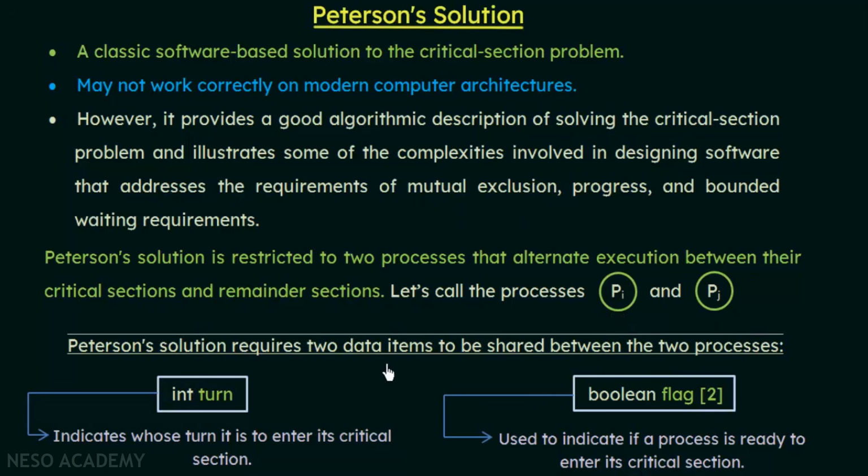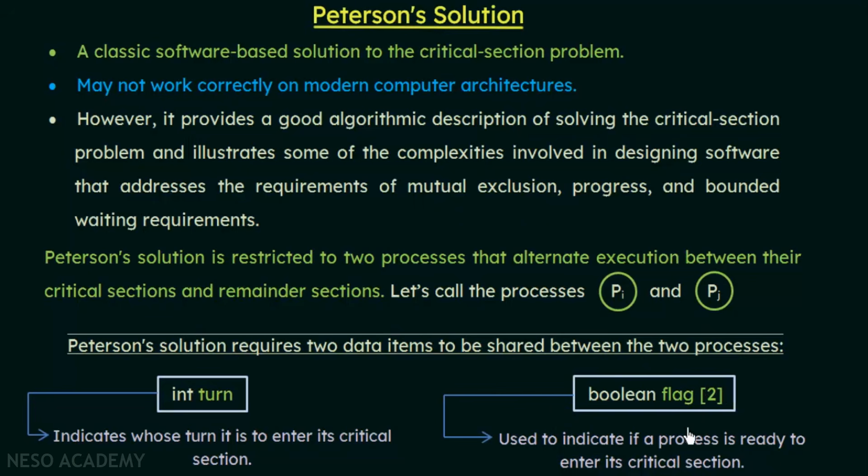The next data item is a Boolean variable called flag. Flag is actually an array which can store two values, and it is Boolean, meaning it can have only two values, true or false. It is used to indicate if a process is ready to enter its critical section.